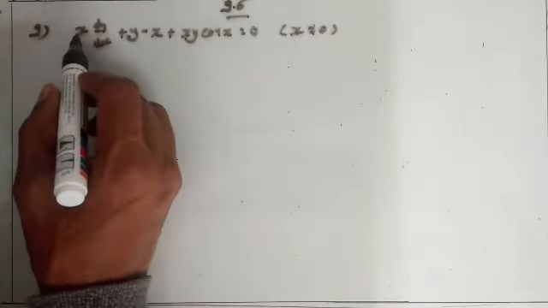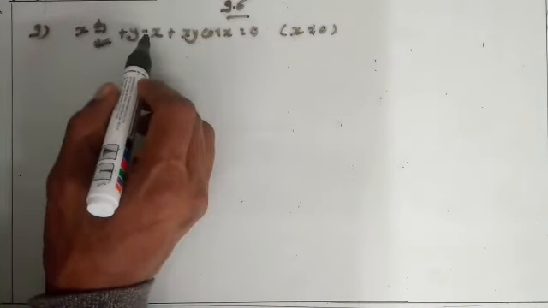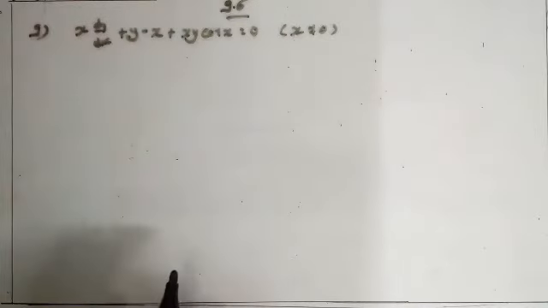Here x dy/dx + y - x + xy cot x = 0 is given.